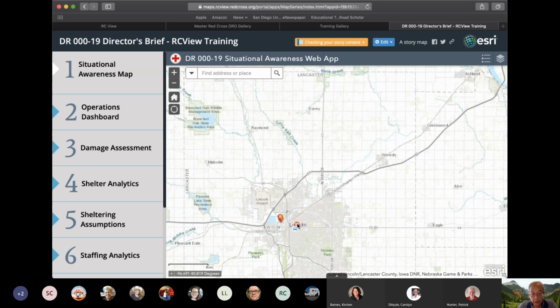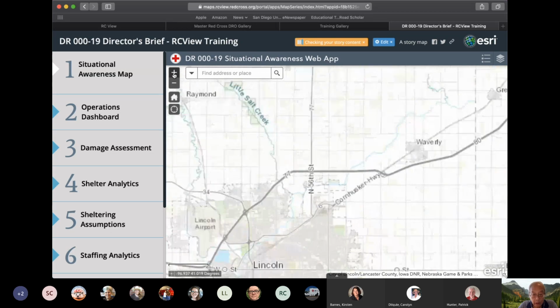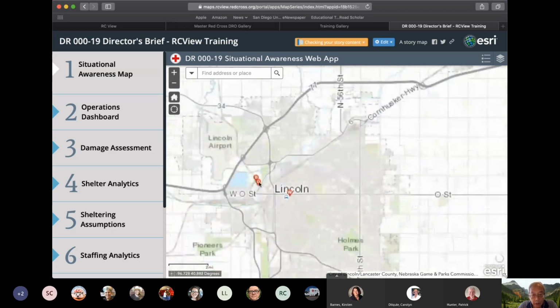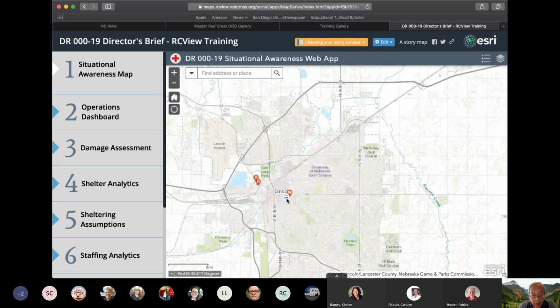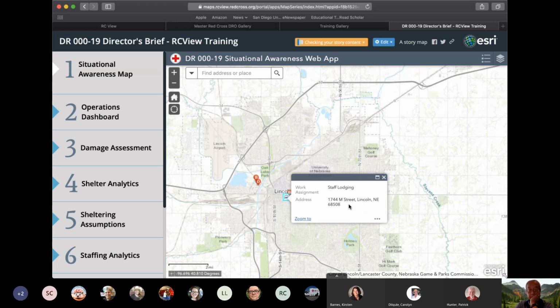Here in Lincoln. I'm sorry, that was the warehouse. Let me go a little bit further in. Oh, here it is. Staff lodging. It's in Lincoln, Nebraska. And that's the street address.